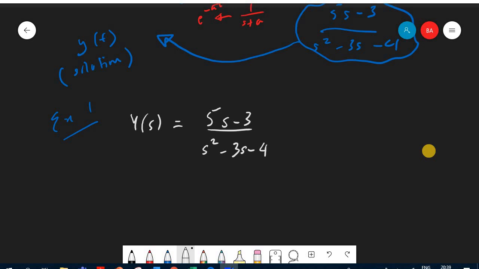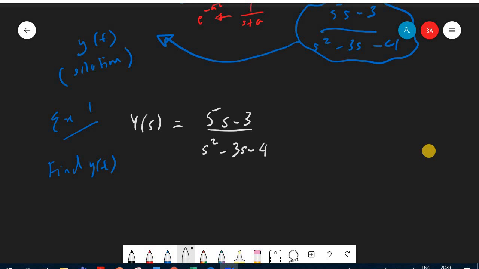The problem simply says find y of t, y in the time domain. I want to change this into the time domain, but I don't have the Laplace of those stuff. I don't know it.